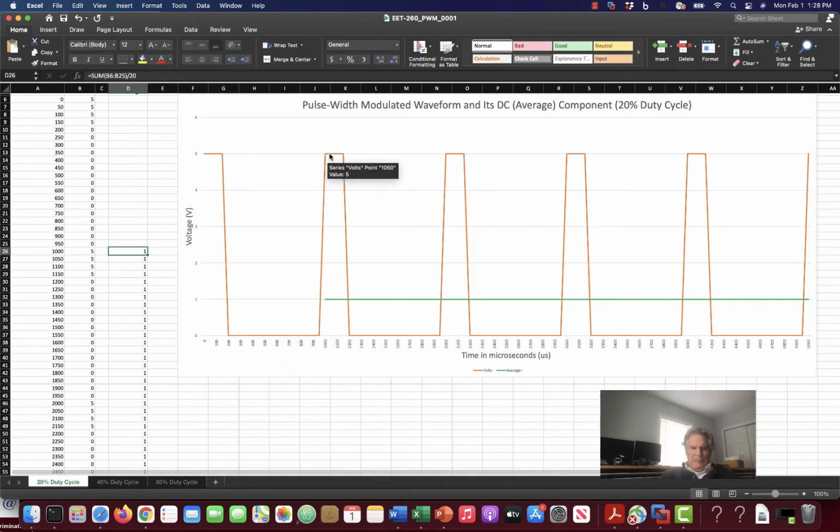Now, during the times the transistor is on, I have some current going through the transistor. Now, if I take that current and I square it and I multiply it times the effective resistance in the transistor, I have the power that's being dissipated in the transistor.